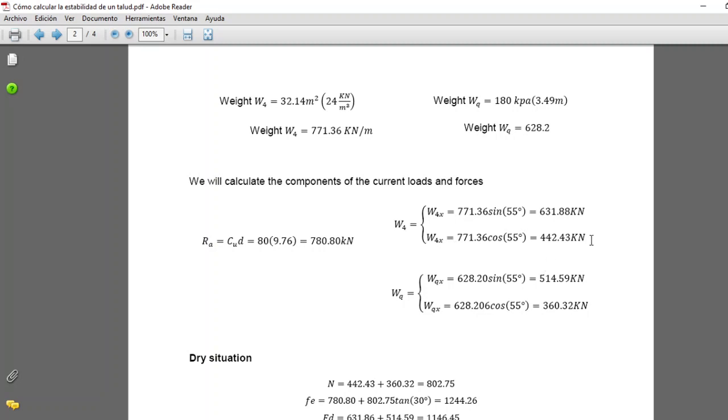For the W for J, we need to multiply 71.36 kilonewtons per meter by the cosine of 55 degrees, and we have 442.43 kilonewtons.